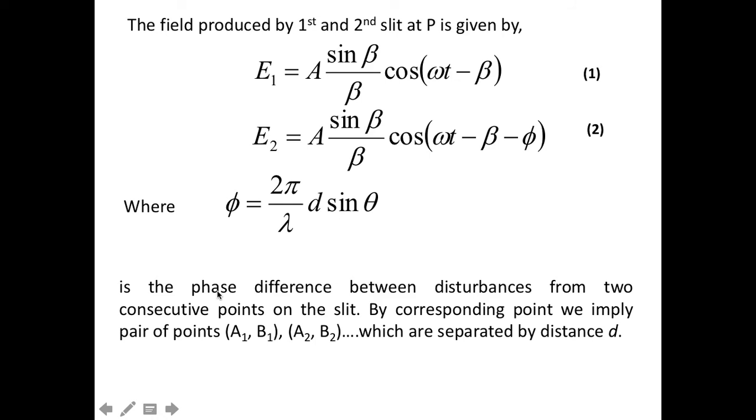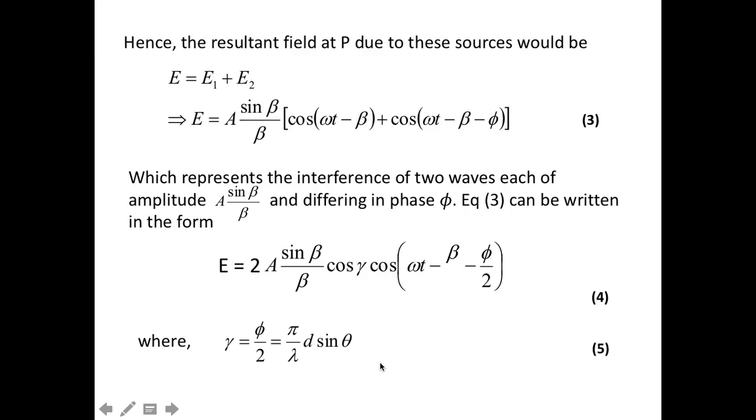Phi is the phase difference between disturbances from two consecutive points on the slit. By corresponding points, we imply that A1, B1, A2, B2, A3, B3 are separated by the distance d.